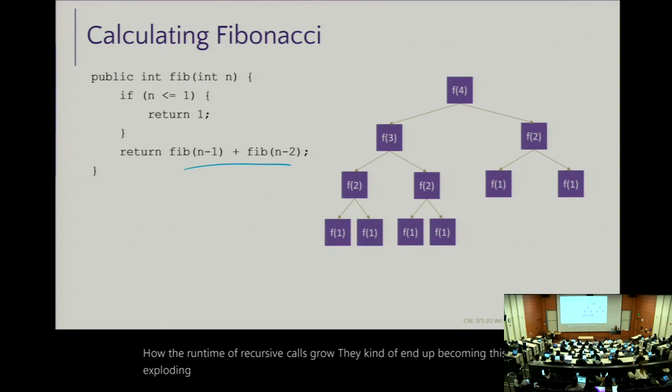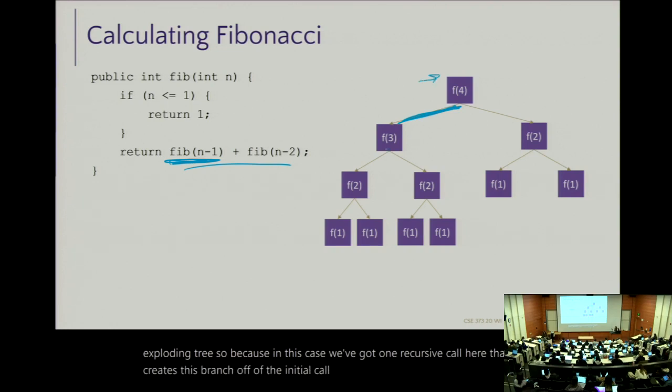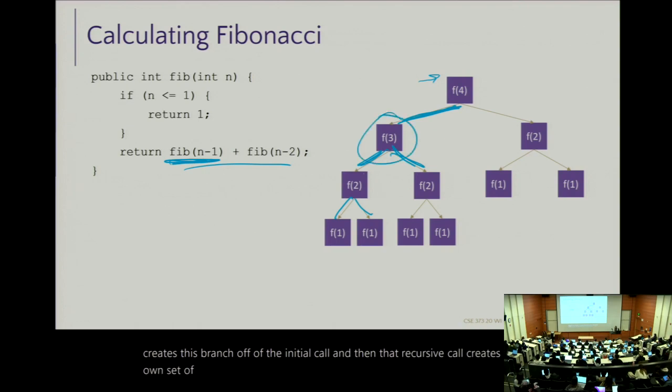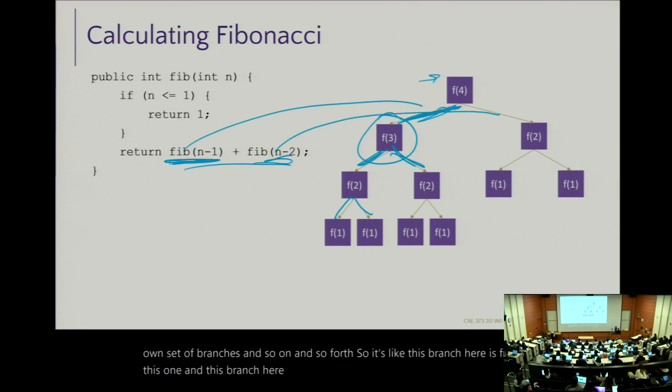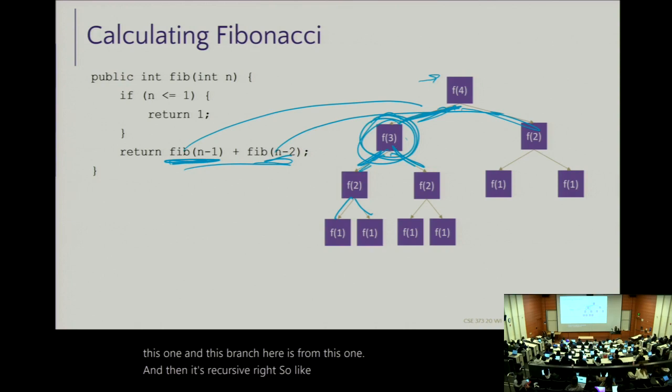Because in this case, we've got one recursive call here that creates this branch off of the initial call. And then that recursive call creates its own set of branches, and so on and so forth. So this branch here is from this one, and this branch here is from this one. And then it's recursive, right? So this call is going to have this branch from this one and this branch from that one.